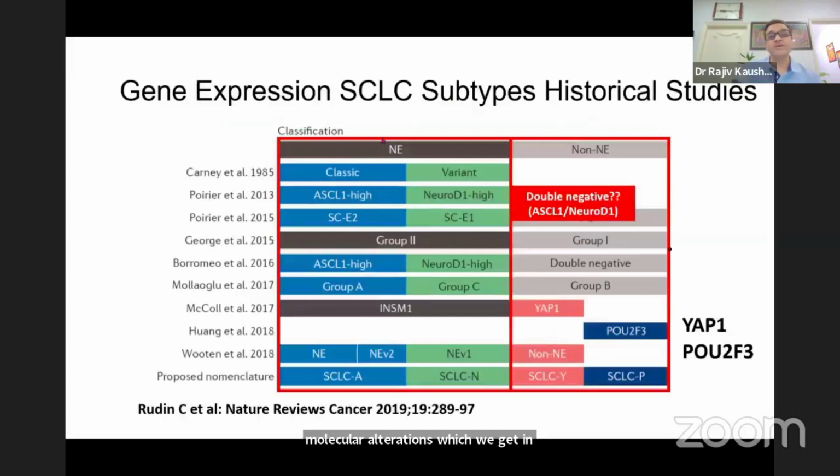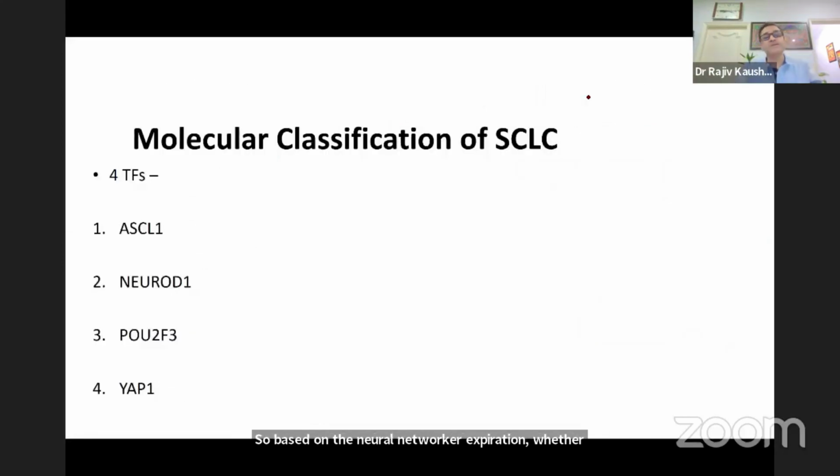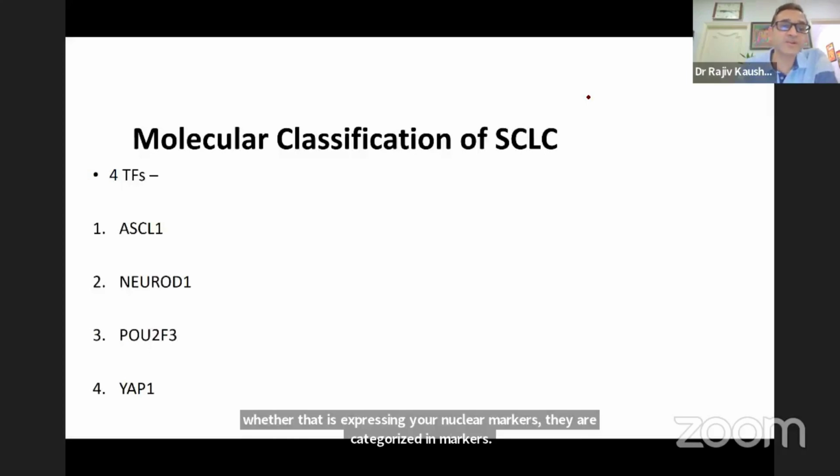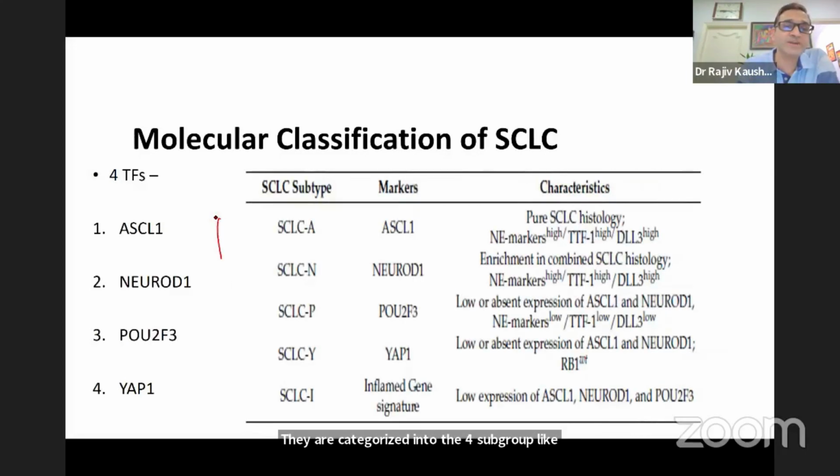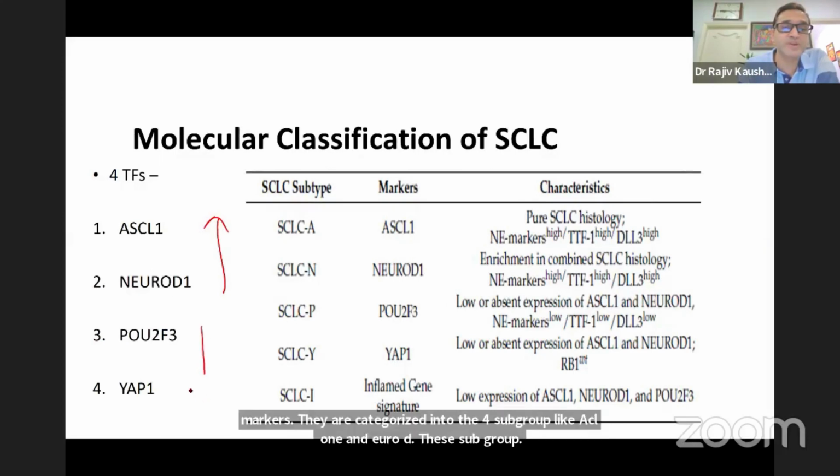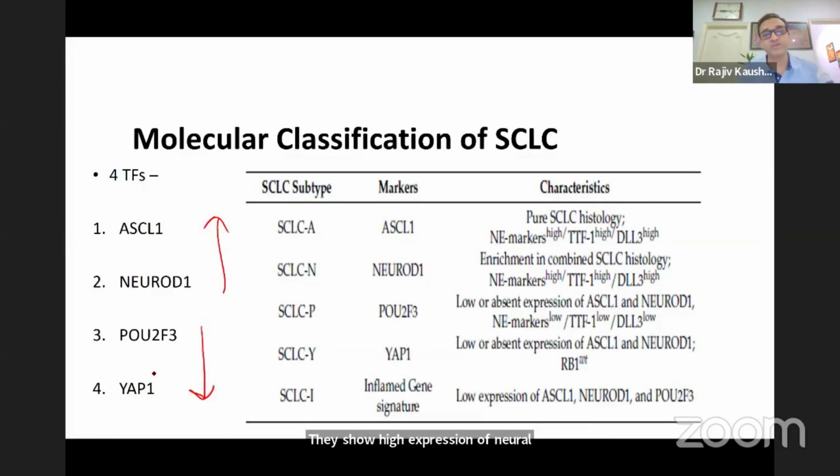And finally, the molecular profile of small cell lung cancer is gaining a lot of interest. Now it is being proposed that small cell lung cancers can be of 4 subgroups, because some subsets of small cell carcinoma don't express neuroendocrine markers. So based on the neuroendocrine marker expression, whether they express neuroendocrine markers or not, they are categorized into 4 subgroups: ASCL1 and NeuroD1, which show high expression of neuroendocrine markers, but POU2F3 and YAP1 show low expression of them.